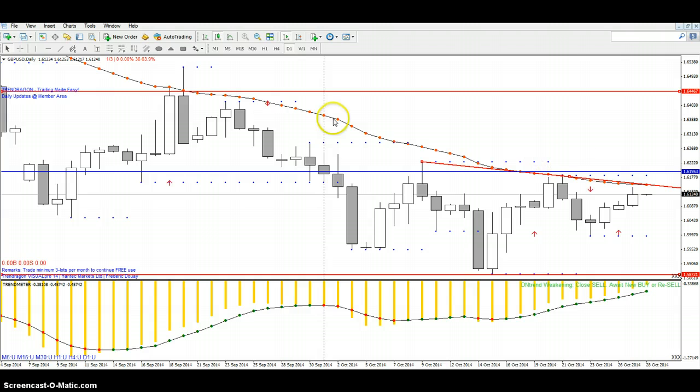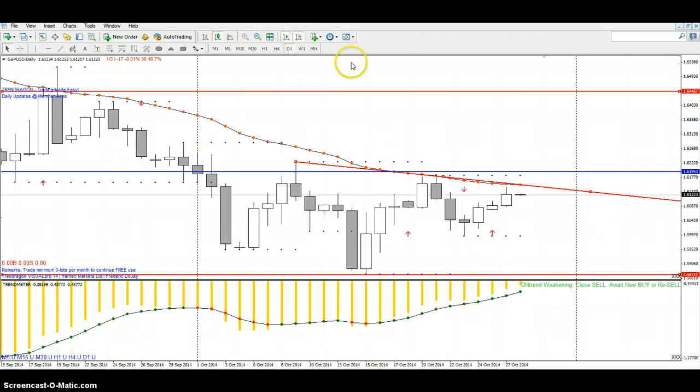There's quite a good possibility that it will go to the objective, which is 64.46. That would only be the trend dragon trend line, and the currency could still be in a downtrend, even if it goes to that level and then comes back down again.